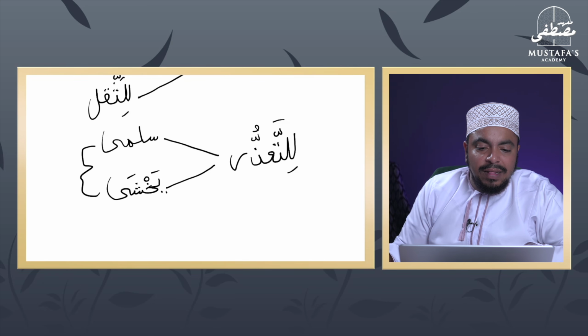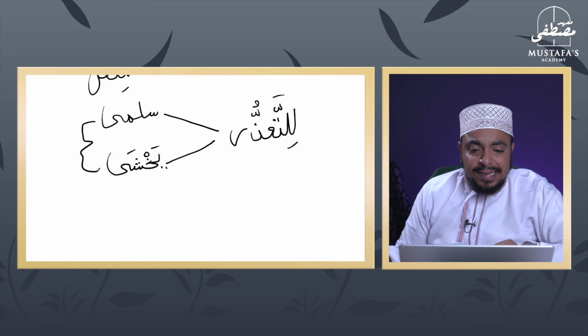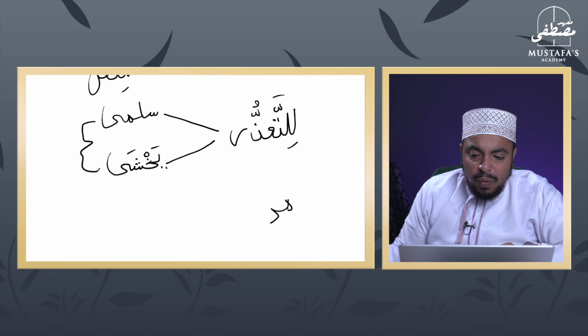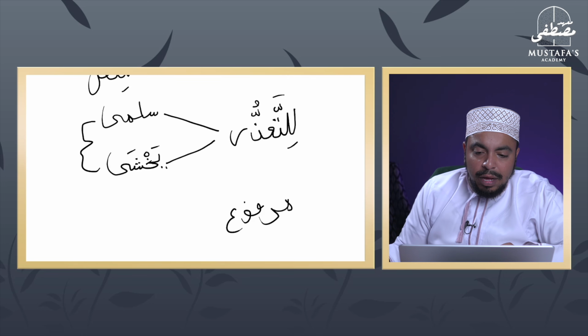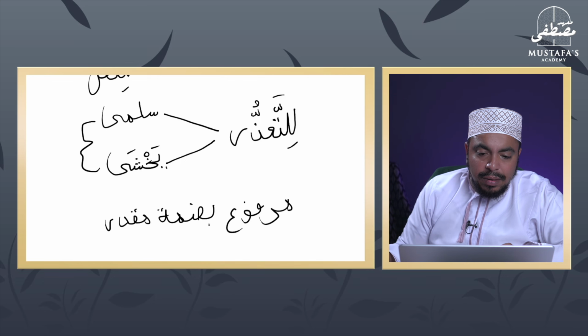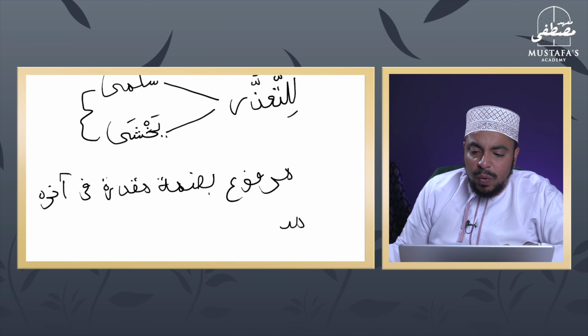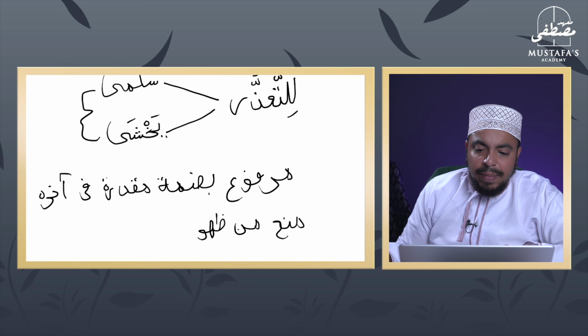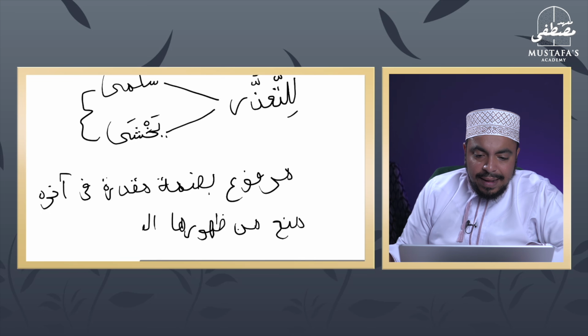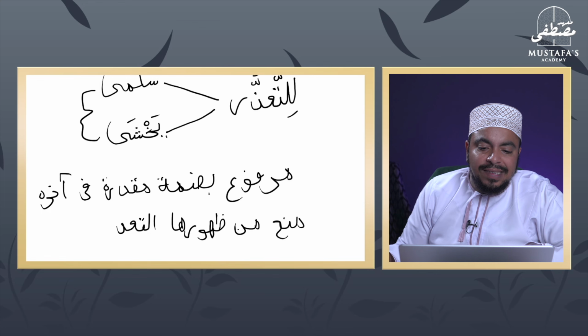So what do we say? They are in a state of rafa', isn't it? You would say مرفوع بضمة مقدرة في آخره منع من ظهورها التعذر. It's because of an excuse. There's nothing you can do about it.